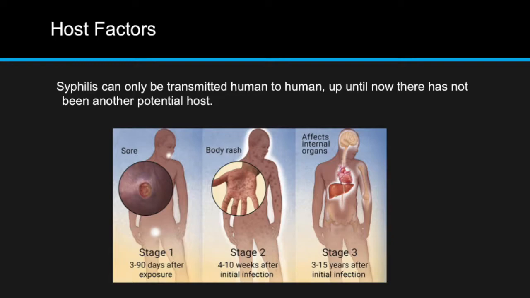Stage 3, it affects the internal organs, which is 3 to 15 years after the initial infection. In many cases, this is usually where, if the female is affected, syphilis can be passed on to the offspring.